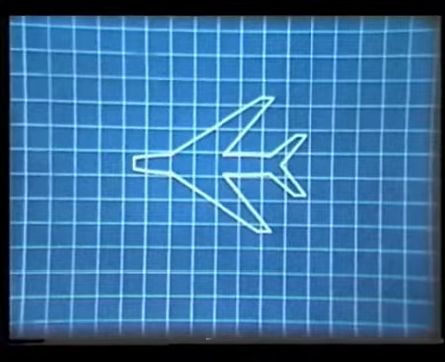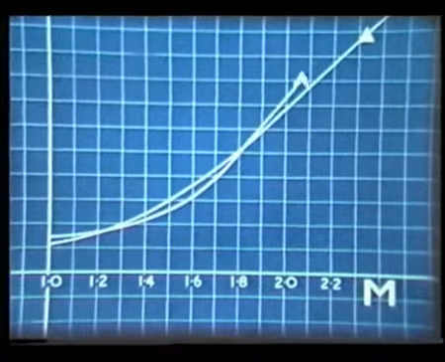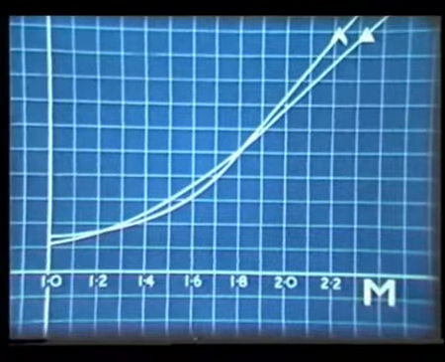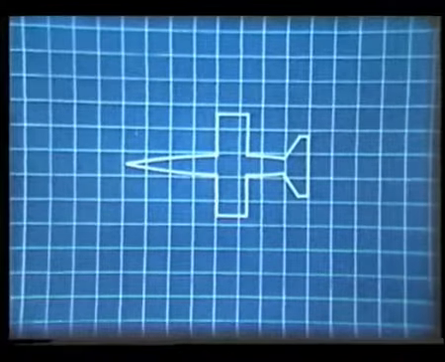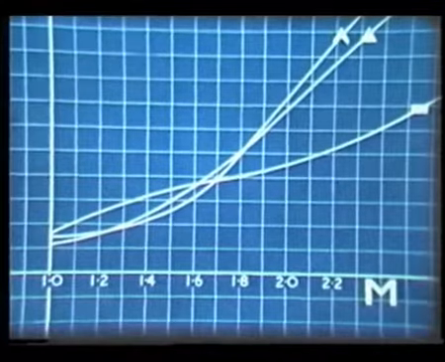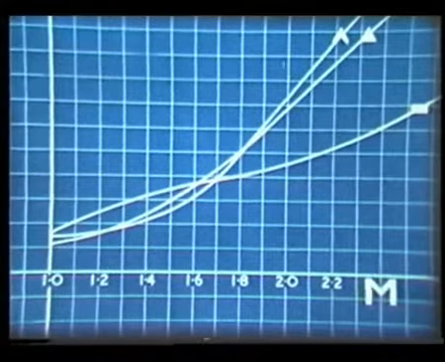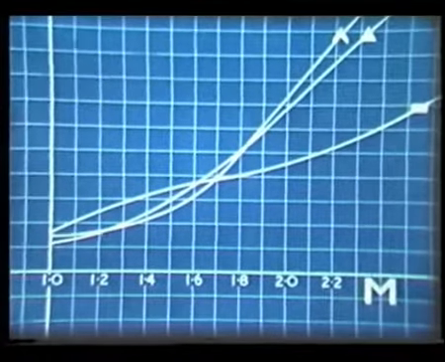A swept planform with the same amount of sweep will give this rather similar curve, while a straight wing, giving a similar landing speed, will give this quite different curve. The straight wing gives less drag at the higher Mach numbers than these particular swept or delta planforms.